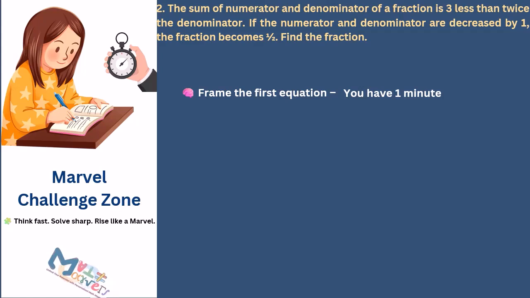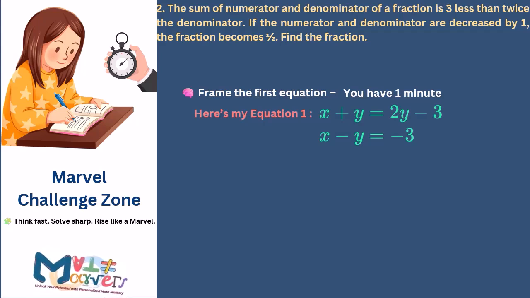Done. Here's equation 1. x minus y equals -3. Got it right? Well done.